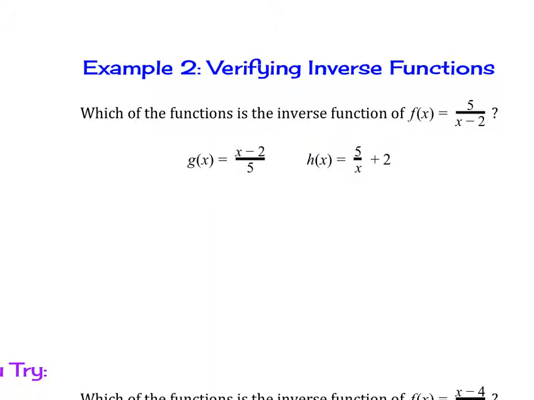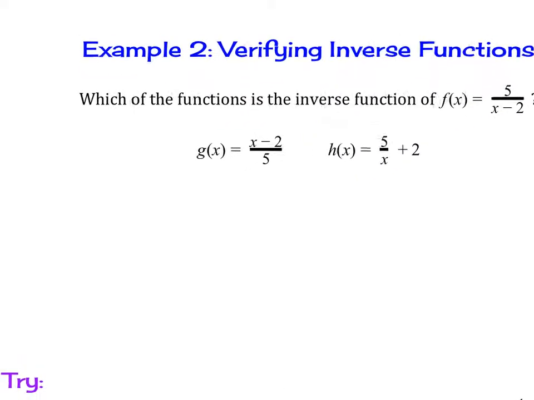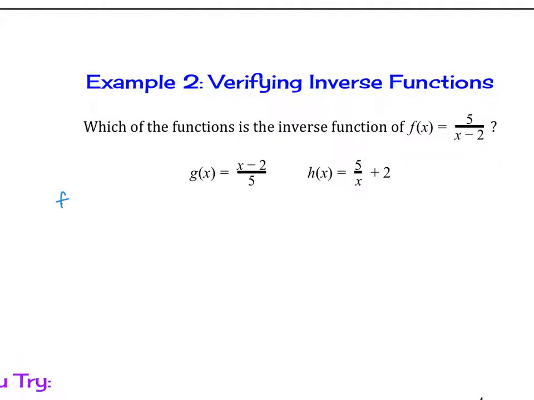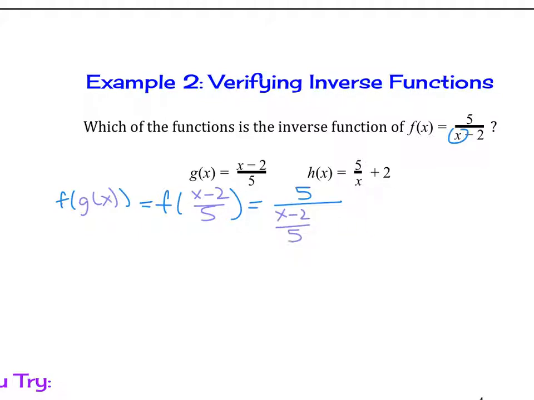So we're going to figure out which of the functions is the inverse function of f of x equals 5 over x minus 2. So let's practice. We have f of g of x. We write f of g of x, and our g of x is x minus 2 over 5. We plug that into f. So this equals 5 over (x minus 2 over 5) minus 2. First we need to combine like terms in our denominator, so we multiply the 2 by 5 over 5 to get a common denominator.